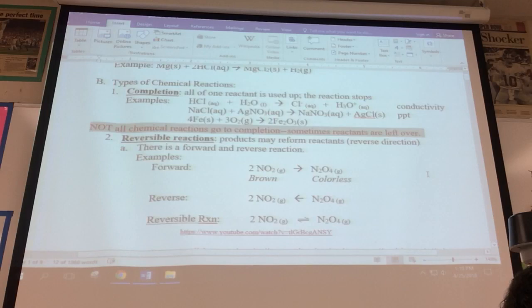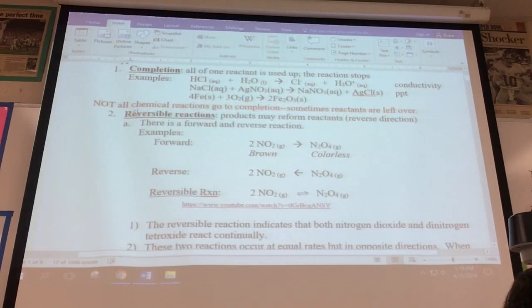Sometimes you have reactants left over. Sometimes you generate products and they can react to reform reactants. Essentially, the reaction can go forward and backward. And when you have this, you have what's known as a reversible reaction. And this is what's shown here.